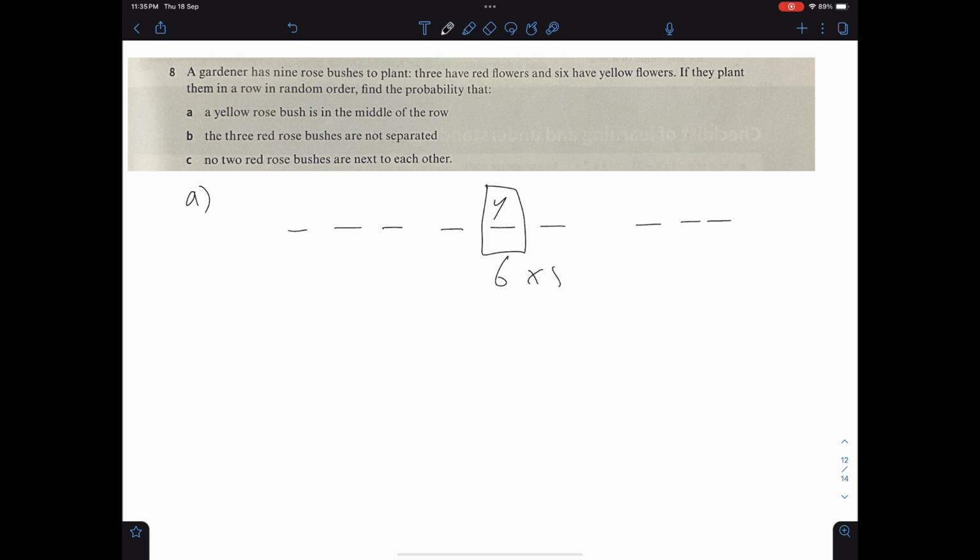So 6 times 8 factorial, and then you would divide that by 9 factorial. So this is 241920 over 362880.